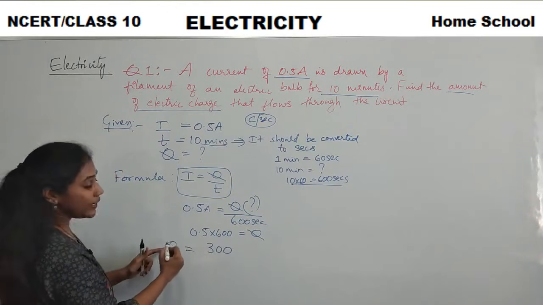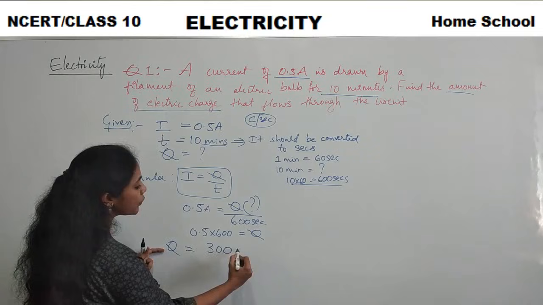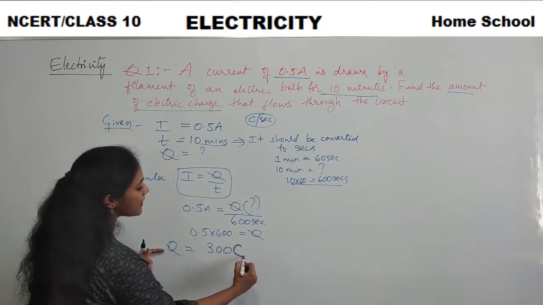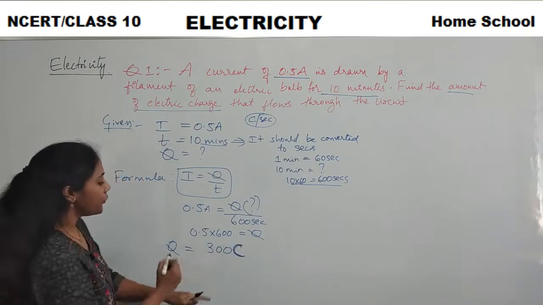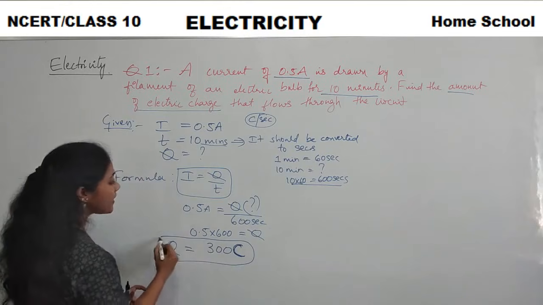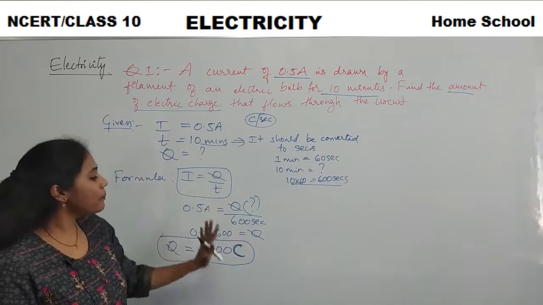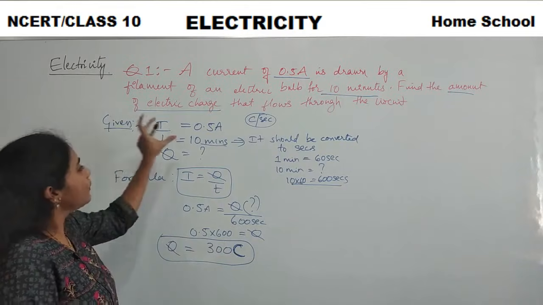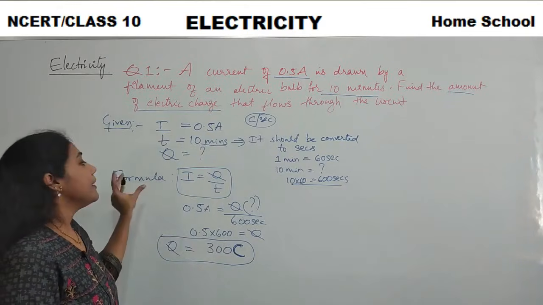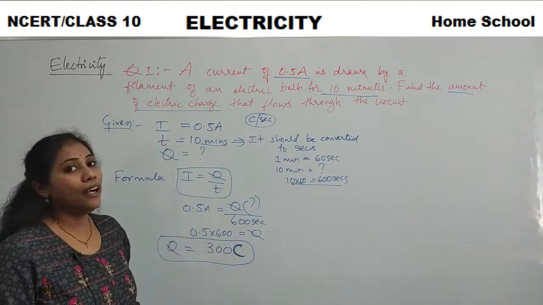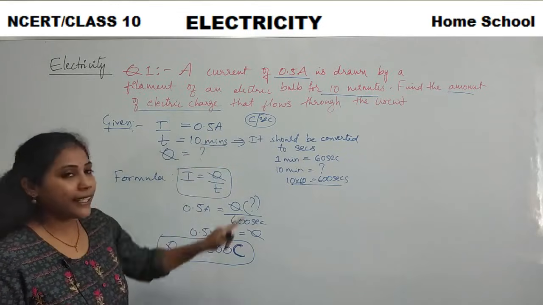What is the unit of charge? It is coulombs. Coulomb is represented with a capital C. If you don't mention the units, marks will get cut. So what is important here is to write what is given. Next, write the formula. Look at the units carefully.